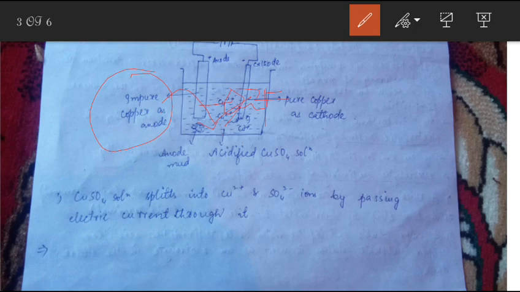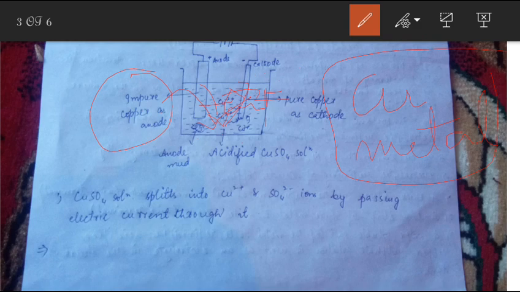So with the passage of time, the anode electrode will become thinner and thinner, and the cathode will become thicker and thicker, because the impure copper goes away from the anode and sticks to the cathode. So on the cathode, the negative terminal, we will get copper metal in pure state.